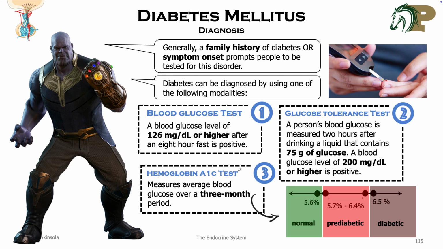So that's giving you information from a long period of time, usually 3 months. And here are hemoglobin A1C levels. Normal, you want to be less than 5.6. This is pre-diabetic, and then this is diabetic.